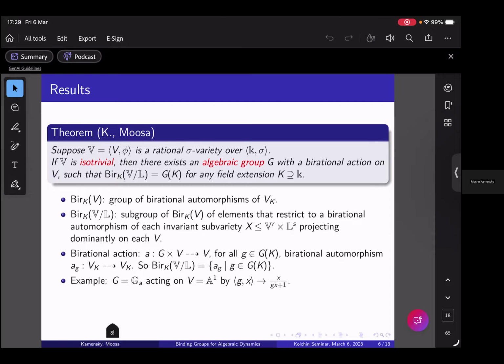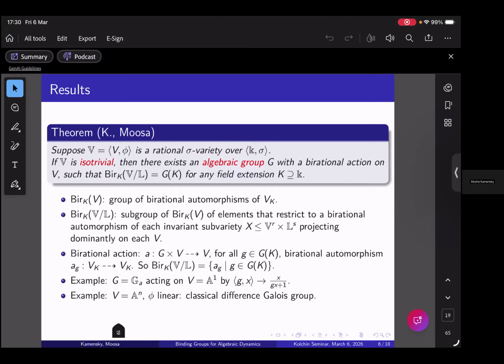It's birational, and again, it's not the case that it restricts to a regular action on some open subset. So this is an example of this kind of action. Another example, which is an example of the theorem, is a familiar one where V is the affine space and phi is a linear map.